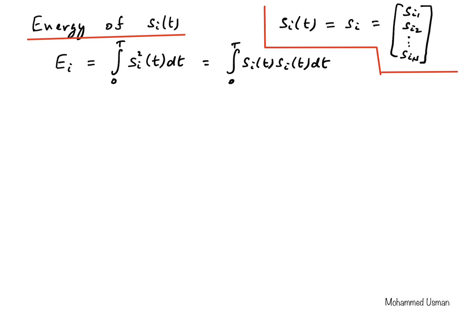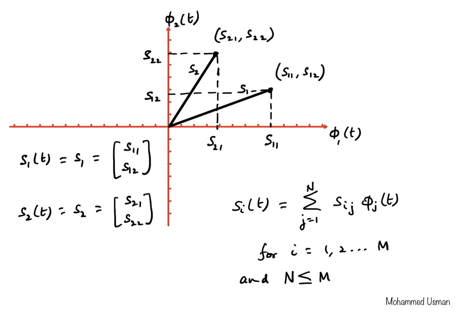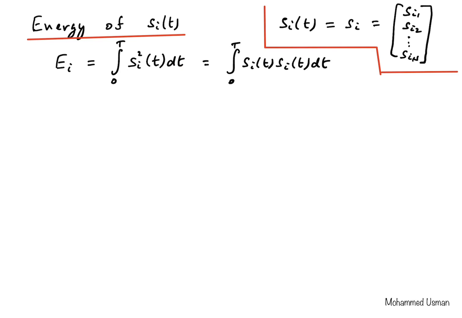Now each of these signals can be represented in terms of their basis functions as the vector elements, right? If we look at the synthesis equation, it says any Si of t is the summation of Sij into phi j of t. So we are just going to write each Si of t in the synthesis form. We can write this as the integral 0 to t. The first Si of t is the summation Sij into phi j of t, where j goes from 1 to n.